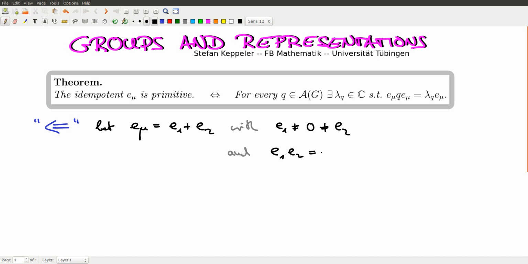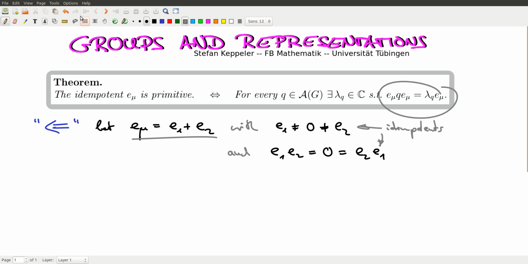So e1 e2 is 0, and e2 e1 is 0, and each of these is idempotent. So this means if this was true, then it would not be primitive. And now we have to show that this is a contradiction to this equation here. Okay.